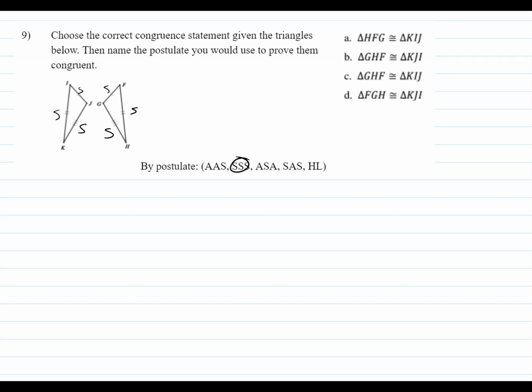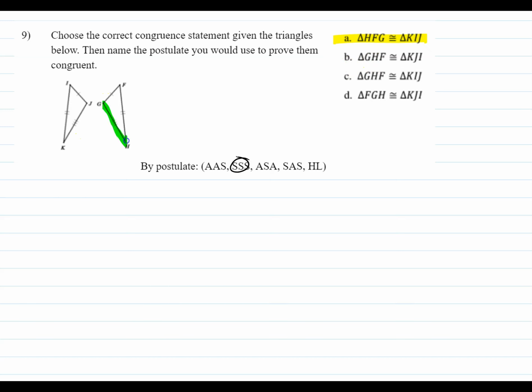So let's choose the correct one. It has to be in the right order. HFG, that's H, then F, then G, is corresponding to K, I, J. That looks like it went in the same order, so that's promising. But let's try the other ones just to make sure.